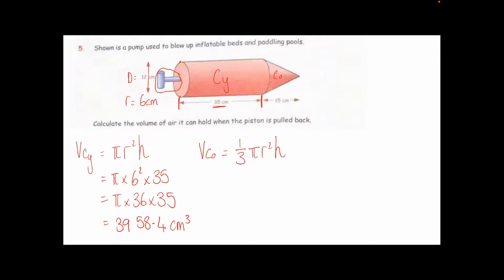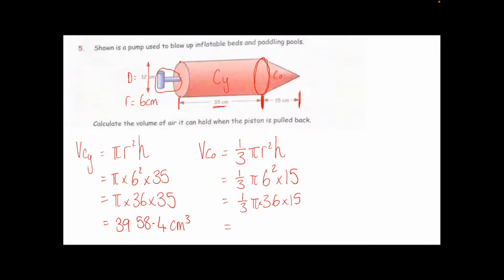Now it's time for the volume of the cone, which is 1/3 pi r squared h. The cone is 1/3 of our cylinder formula. Can't do anything with the third yet, leave pi as it is. R squared is the same radius because that's still the same circle at the end there. So we're still doing 6 squared, and this time the height of our cone is going from there to there, so it is times by 15. That means we're doing 1/3 pi times by 36 times by 15.